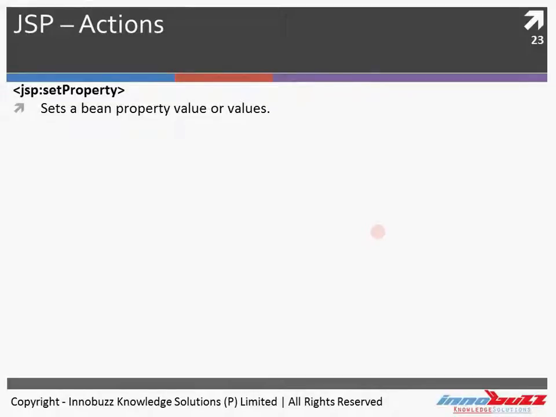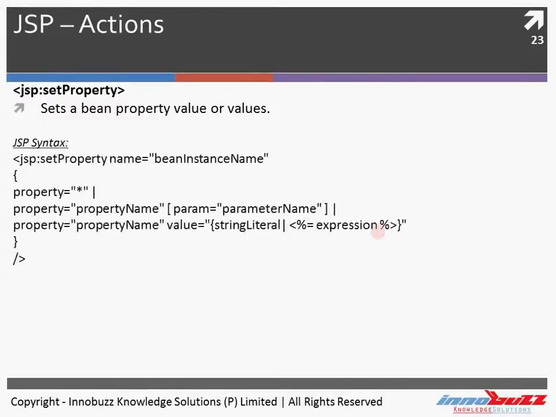Following the Java actions, we have JSP setProperty. This property will work along with the useBean JSP action which we saw in the earlier slide. It is used to set a bean property value or any kind of values within the JSP page.